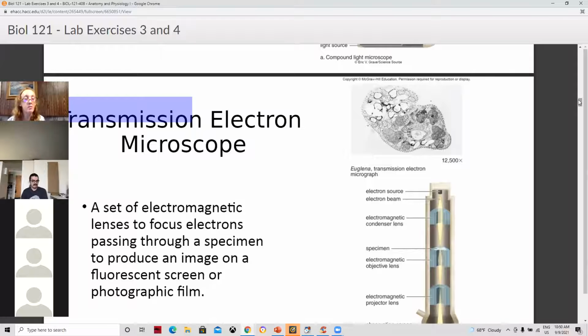One of my favorite movies is Contact. It's a really old movie with Jodie Foster. I love that movie. But you transmit a message to another planet, and they read it and send you back a message, hopefully. So transmission meaning you're passing electrons through the specimen. They're moving all the way through the specimen to the other side.